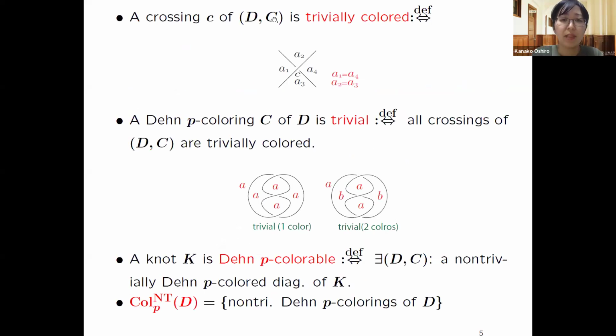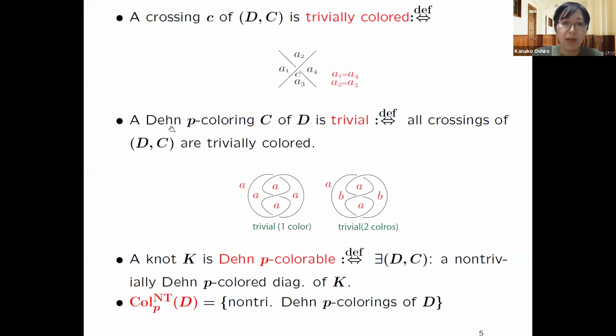For a crossing of a Dehn colored diagram D_C, it is trivially colored if the colors of the regions in the diagonal position are the same. So for this crossing, A1 equals A4 and A2 is equal to A3. So for this case, this crossing is trivially colored.